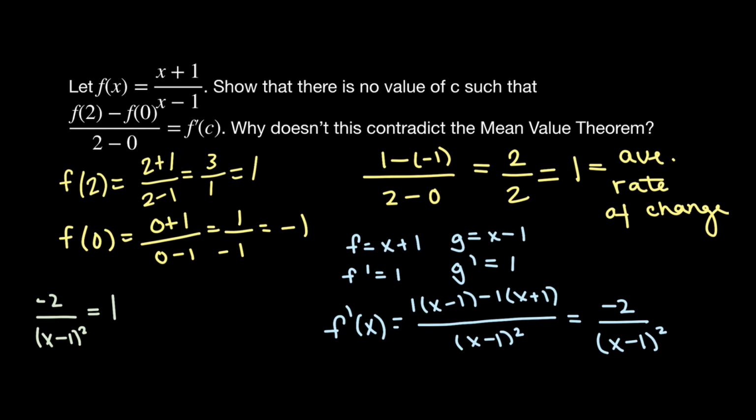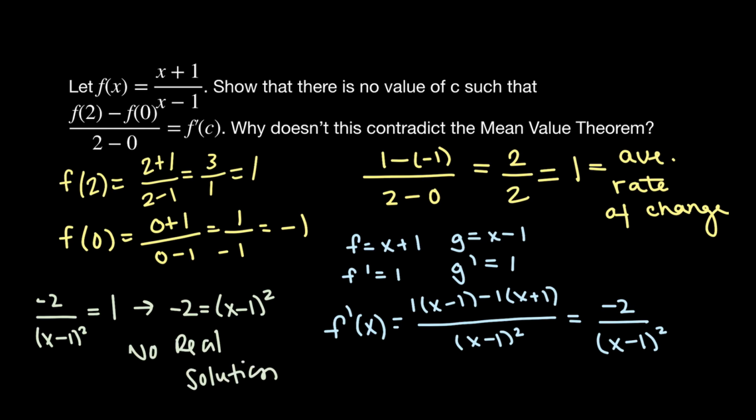All right, so let's see if we can find a place where this derivative equals my average rate of change. Is there a place where this instantaneous rate of change equals the average rate of change? So I'm going to set my derivative equal to 1. Then I multiplied both sides by x minus 1 squared to turn that into negative 2 equals x minus 1 squared.